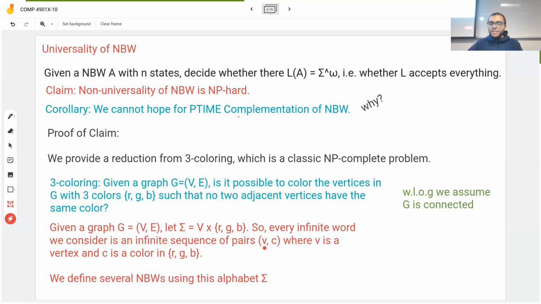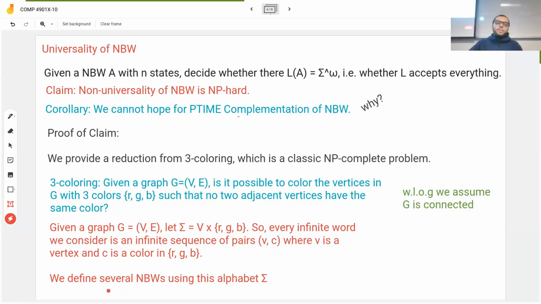So every letter of my alphabet is a pair, where the first coordinate is a vertex in my graph, and the second coordinate is a color. It's either red or green or blue. And this whole thing is just one letter of my alphabet. Okay? So when I talk about infinite strings, I'm talking about infinite sequences of pairs like this.